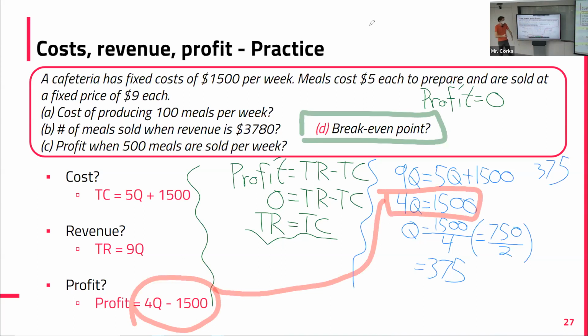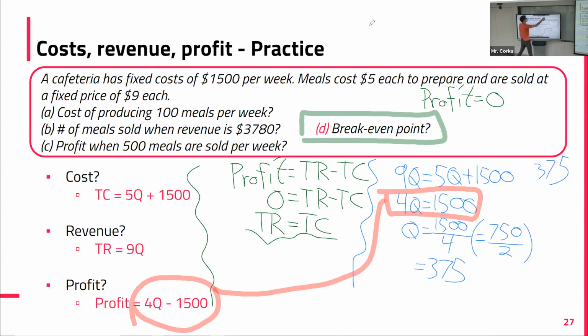It's just a slightly different way of looking at it, but we'll get the same result. So if we have a profit equation, we can find the break-even point. If we don't have a profit equation, we just have cost and revenue equations, we can still find the break-even point. Right. Okay. So nice simple scenario here. Find the break-even point. Questions?